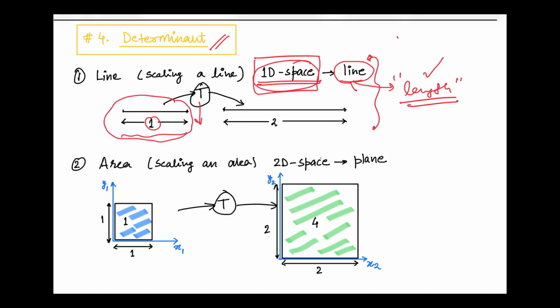So this line is basically a one-dimensional space that we are representing, and a transformation acting on this space and scaling it to make it value 2. So what changed in the transformation is the length of the line. Okay, so one-dimensional space is characterized or measured by its length.